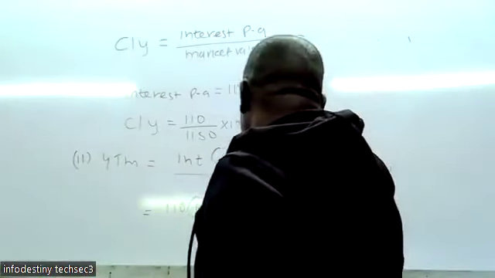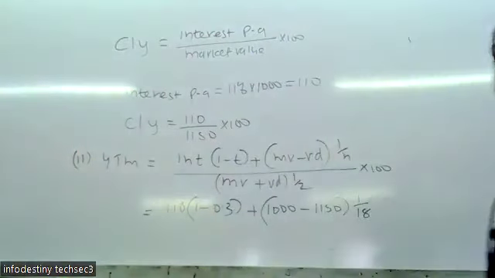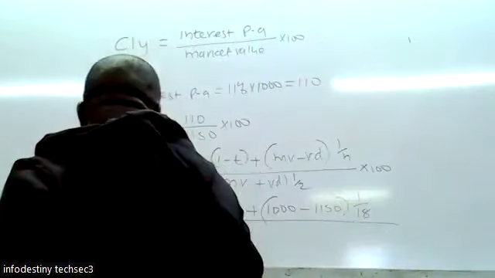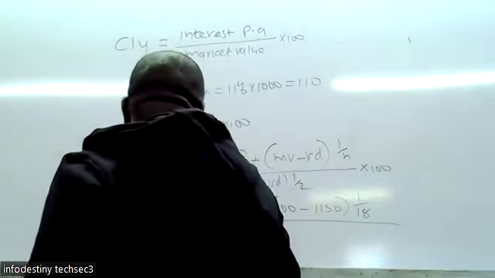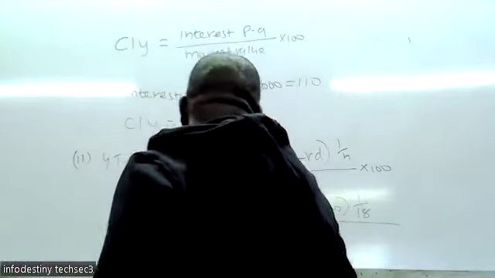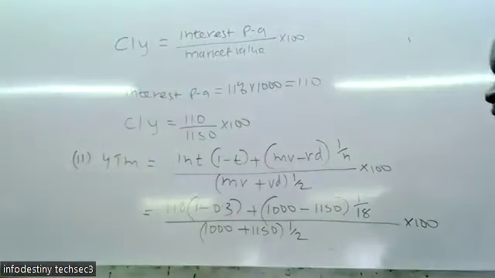You see 11.15. So n was also given as how many years? 18. Also divide by 1,000 plus 11.15 multiplied by a half. Express it as a percentage.